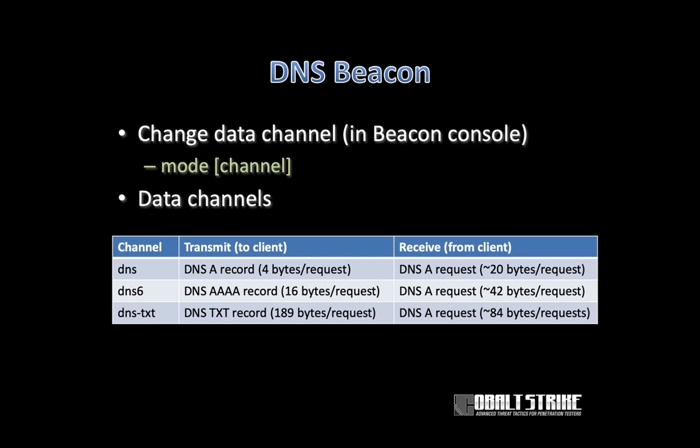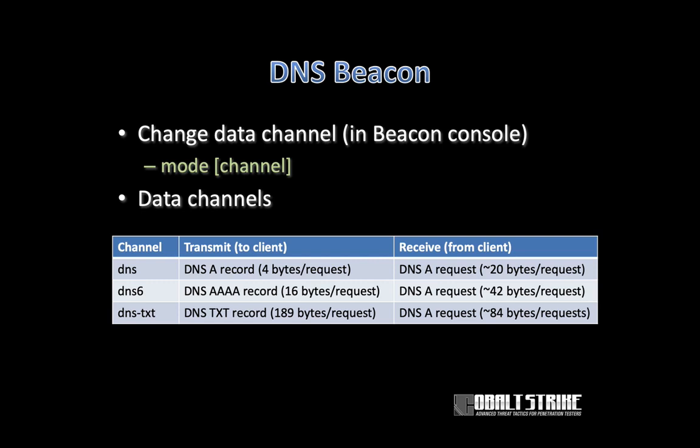Things are a little different. The DNS beacon is no longer a mix of an HTTP and DNS beacon. The DNS beacon does not have an HTTP channel anymore. Its default mode is DNS text, to download taskings over DNS text records. But if you want to change the data channel, you still can do that.